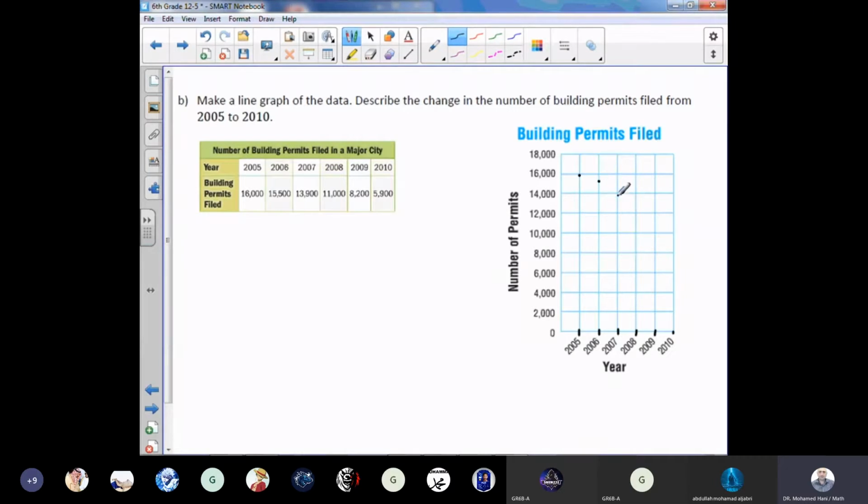In 2007, it was 13,900. Then it was 11,000, 8,200, and then 5,900. Okay, let's connect the dots with lines.